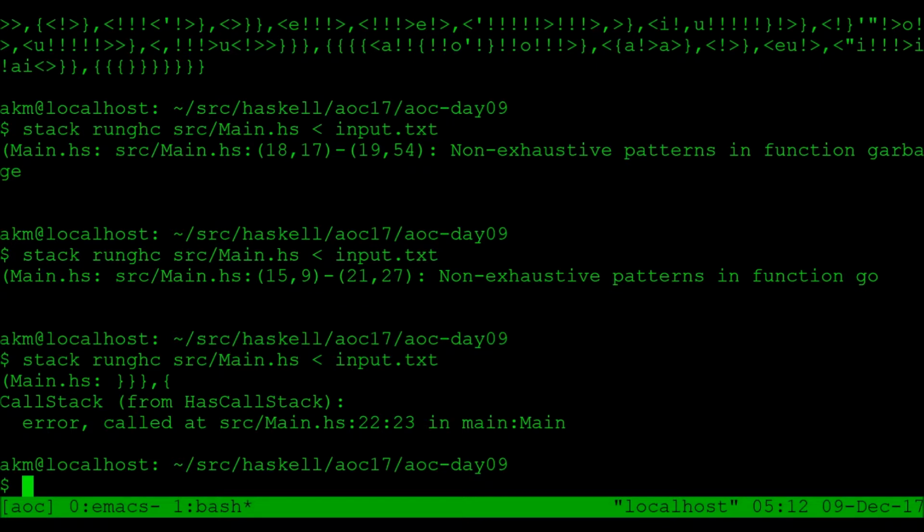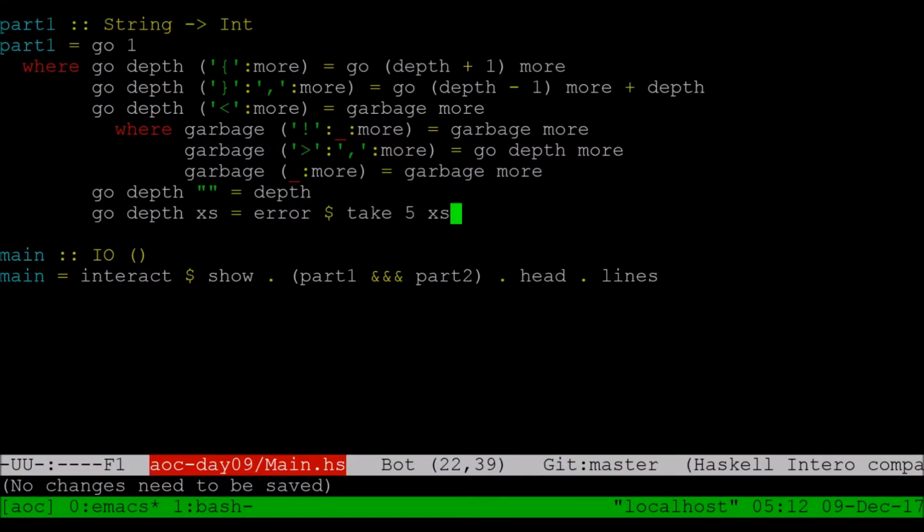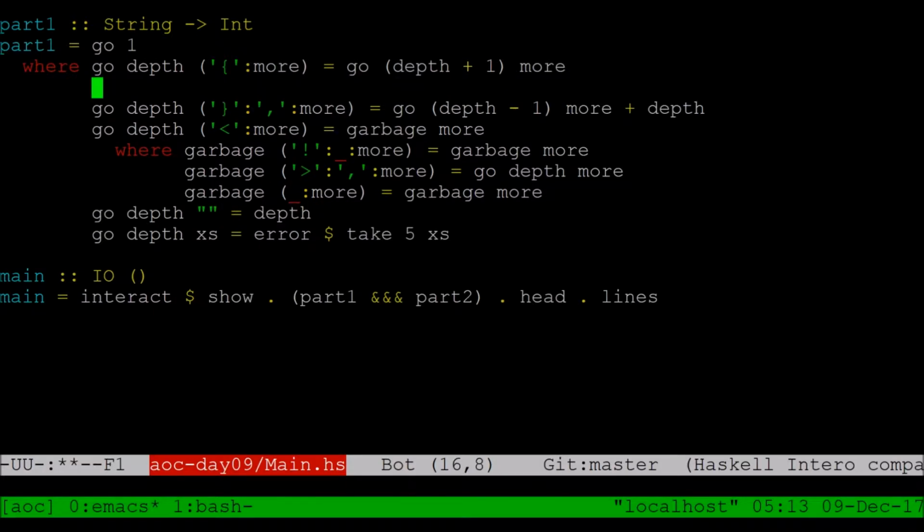Three close brackets. Ah, right. We can have, okay. We don't necessarily have a comma here, so we can say go depth of this. Go this very same thing.